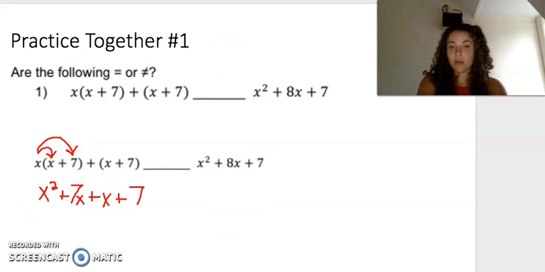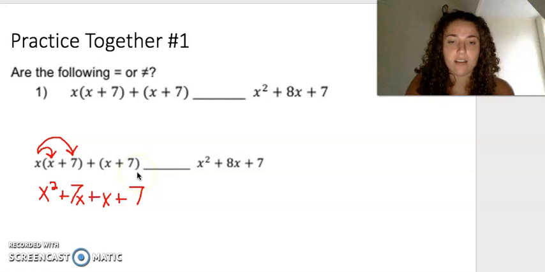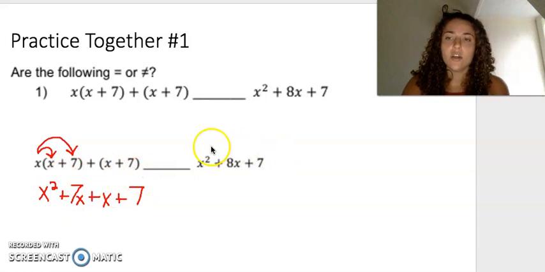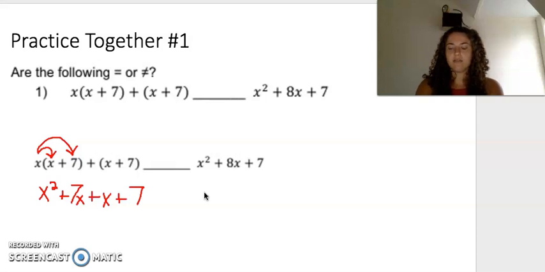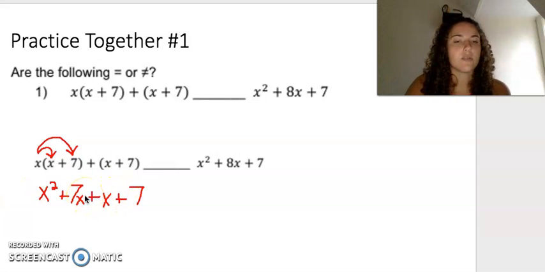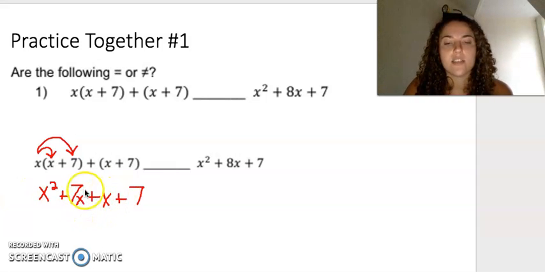So looking at this problem really quick, we can think, oh, there's 4 terms here, there's only 3 terms on this side, must not be the same. However, take a pause and look at this equation again. We can see that we have 2 like terms here because this is only x and this is only x. It's not x squared.